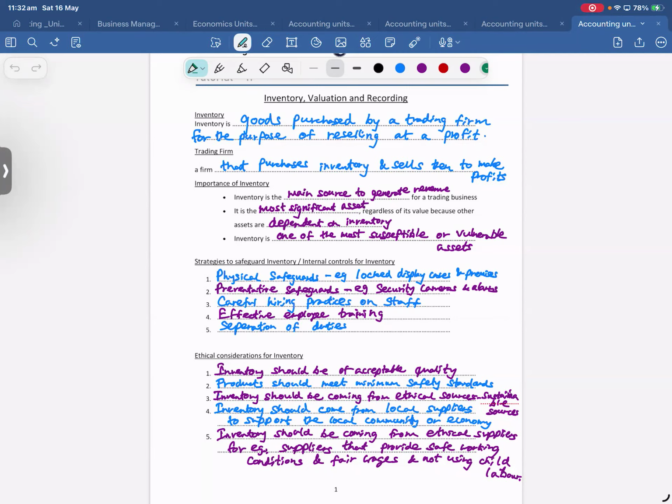Finally, inventory is one of the most susceptible assets, or we call it vulnerable, meaning it is exposed to the risk of basically misuse or abuse. What does that mean? Customers can lift them. Employees can lift them.